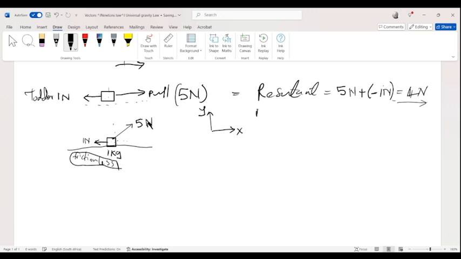If we have a force which is tilted like that, we need to break it down into components, so that we can resolve it on the x-axis and also on the y-axis. So let me isolate the 5 newton force.